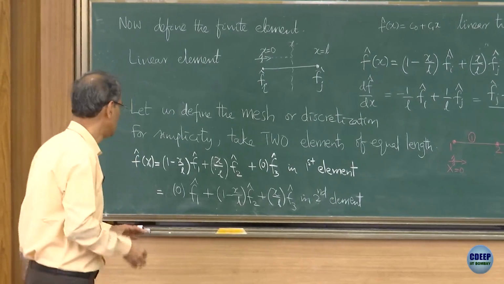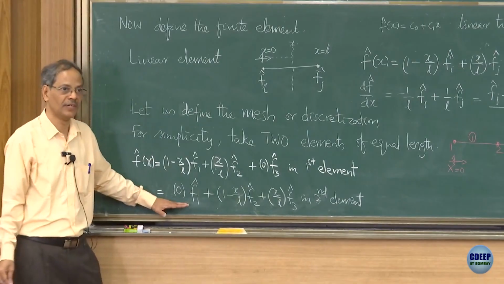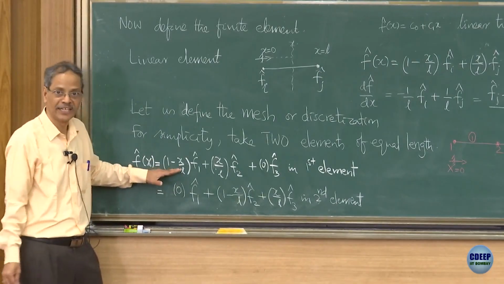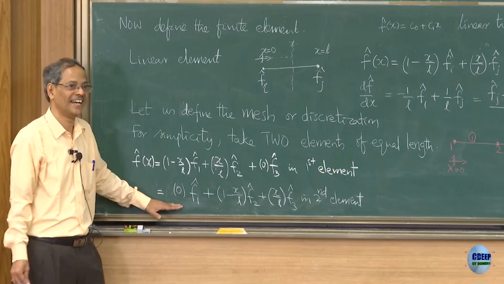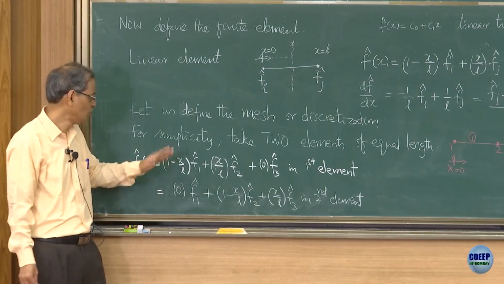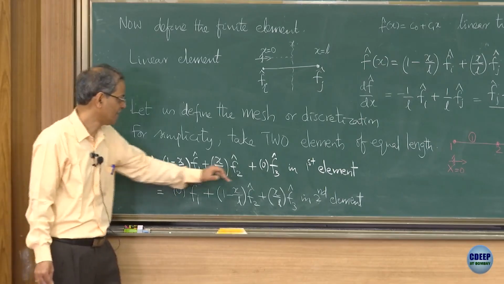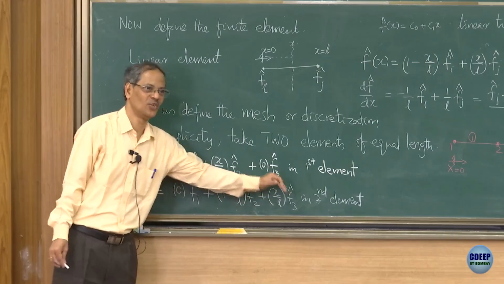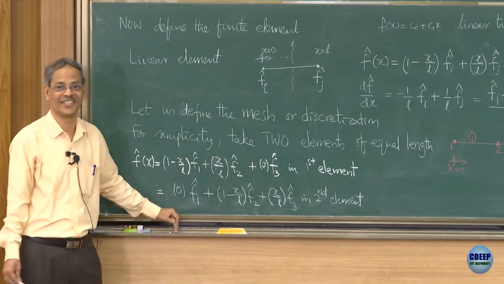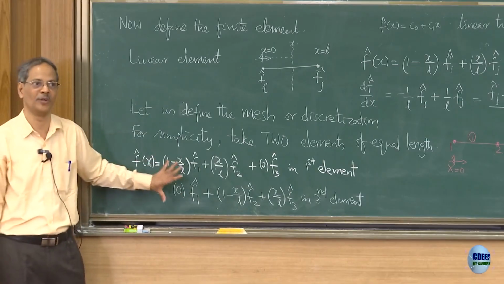Okay. So is this clear? How I write f? Once I have written f, the Galerkin method has prescribed how to choose w. So w will be the coefficient function for f1 hat, f2 hat, f3 hat. So w will get decided based on this. That's why I am re-emphasizing, this is a step you should feel comfortable with.